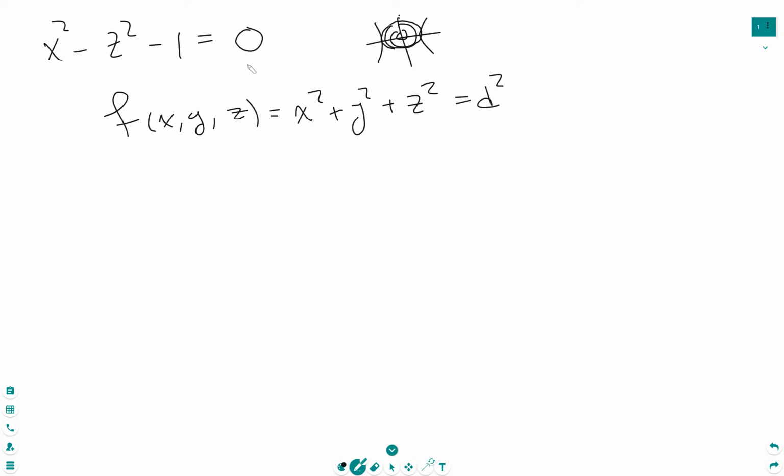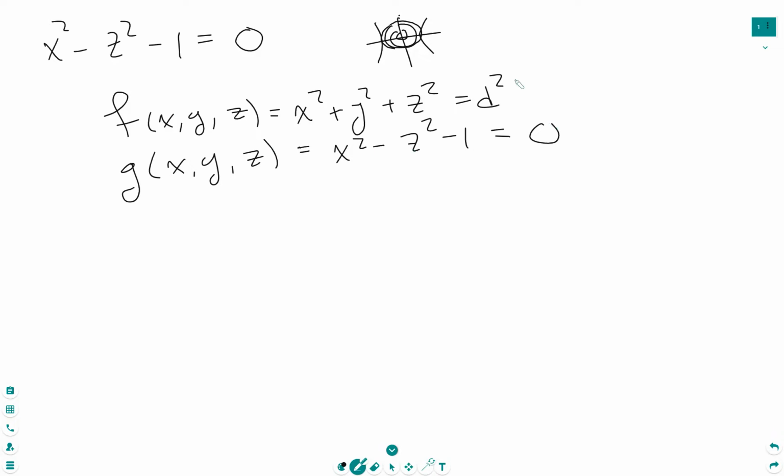Then we also have a constraint function, meaning the thing that always needs to be true. The point has to be on the surface. So this is our constraint, and we call this function g. We also want this to be equal to some constant. Well, it's already equal to 0. We could have moved over the 1, but we'll write it as is: x squared minus z squared minus 1 is equal to some constant, 0 in this case.